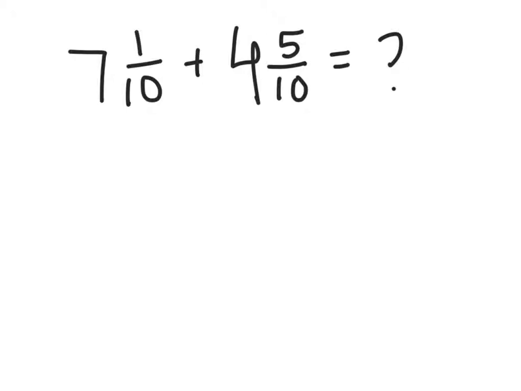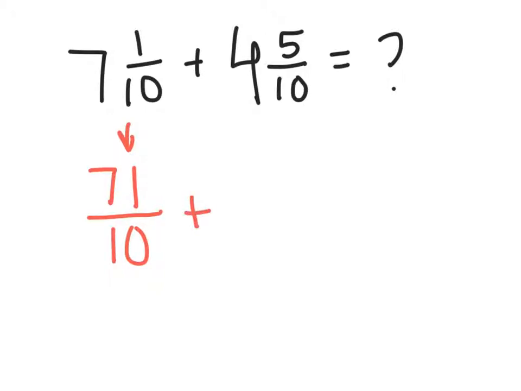So how do I change 7 1/10 to an improper fraction? I'm going to do what, Ella? I'm going to do 7 times 10, which is 70. 7 groups of 10 is 70, plus 1 for that one leftover gives us a fraction of 71 tenths.